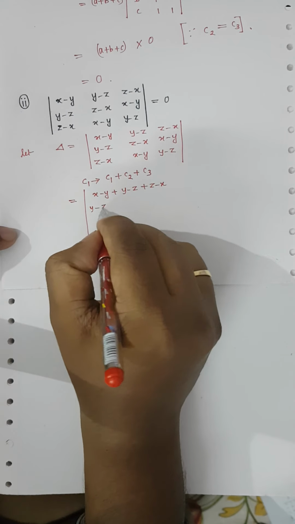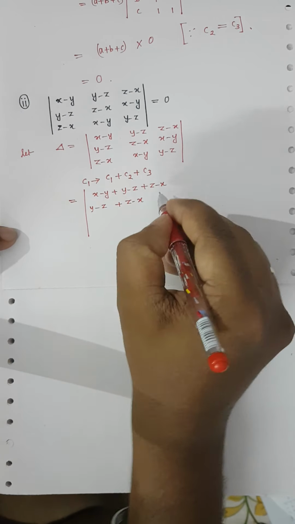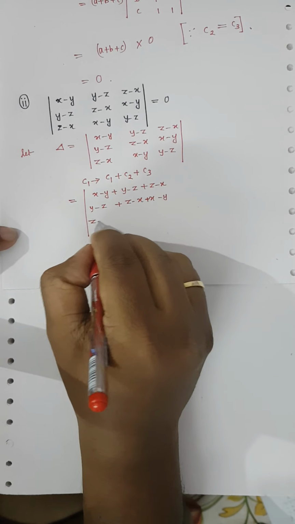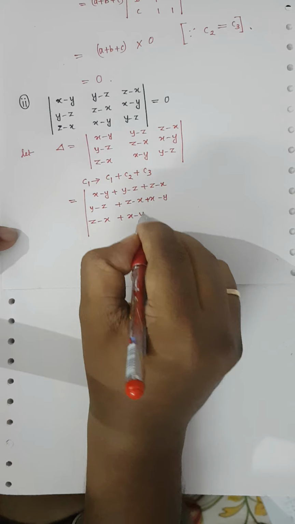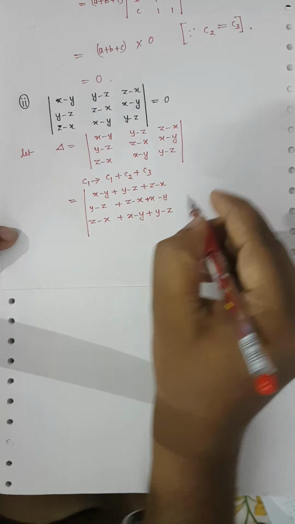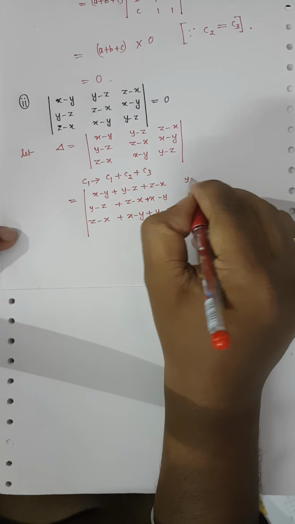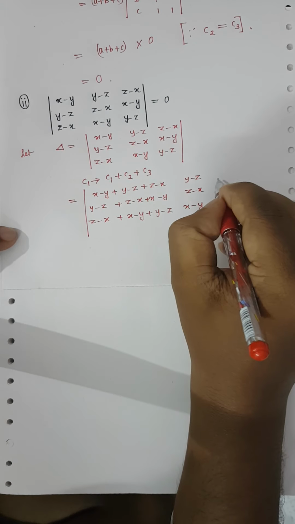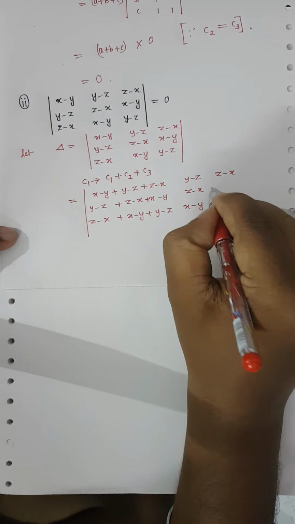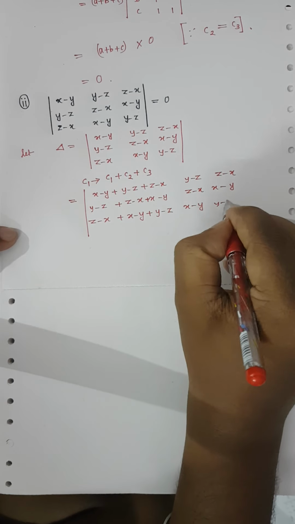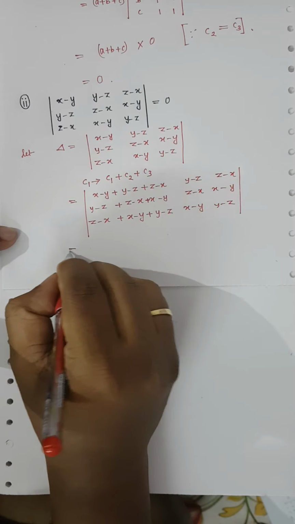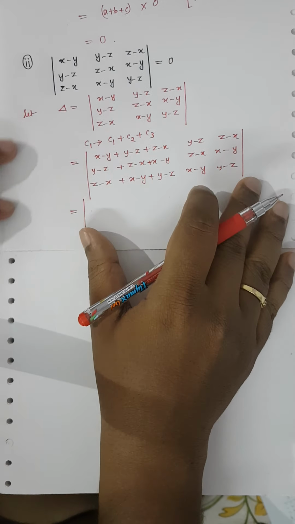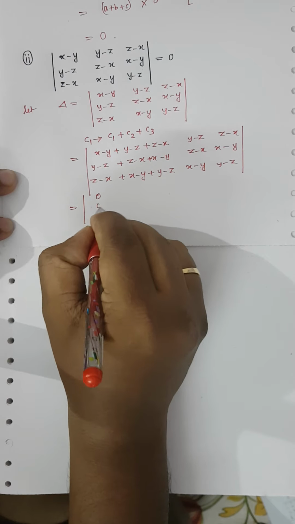Similarly, y minus z, z minus x, x minus y, and z minus x, x minus y plus y minus z. In column 2, it is y minus z, z minus x, x minus y. In column 3, z minus x, x minus y, and y minus z. If I find the sum in column 1, I'll get 0, 0, 0.